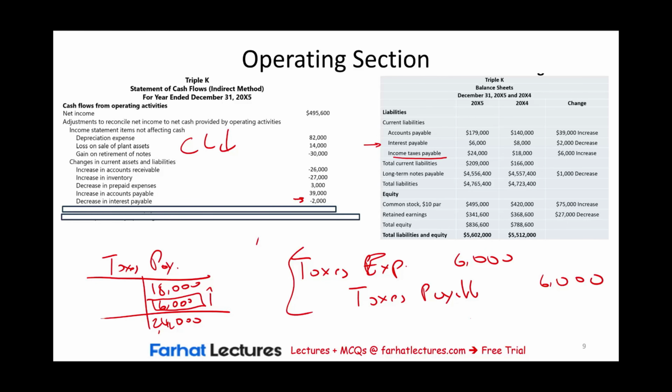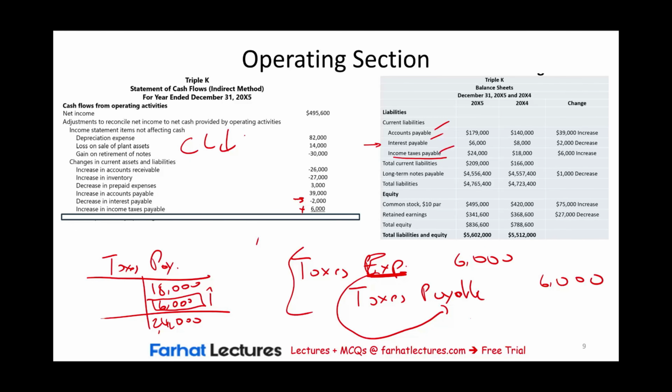Well, what does that mean? It means I recorded an expense, but I credited a payable. I did not pay the expense now. If I did not pay the expense, it means it's a positive to my cash. It means I recorded an expense that reduced my net income, but did not reduce my cash. Therefore, what I do is I go back and I add it back. And basically, I'm finished with the liabilities.